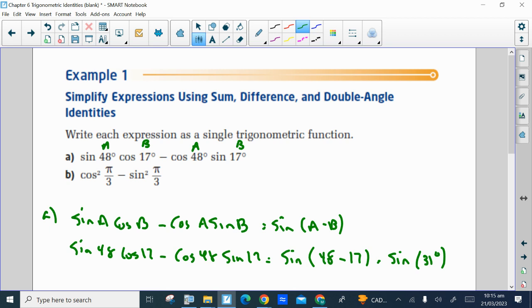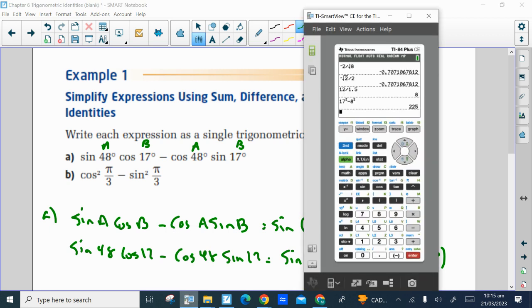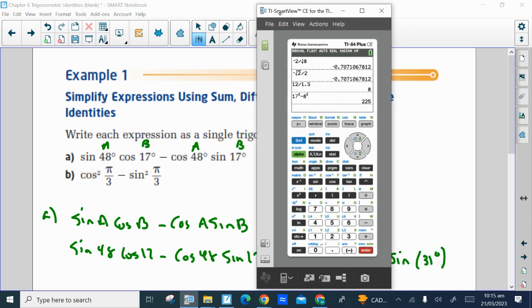Now, just to show you that this is true, we can take our graphing calculator and make sure that we are in degree mode. The original expression is the sine of 48 degrees, close the bracket, times the cosine of 17 degrees, close the bracket, minus the cosine of 48, close the bracket, times the sine of 17, close the bracket, is that value.